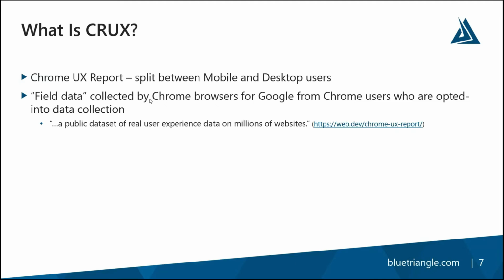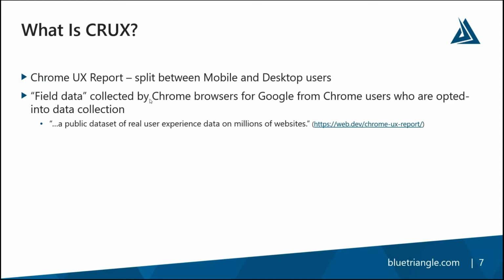And that's because Chrome is collecting this on pretty much any website that a Chrome user goes to when they're using a Chrome browser. So even though Blue Triangle has very complete information on your site, if we have a tag on your site, then we have really good insight into your data. What we don't have good insight into is the performance data across all of your competitor sites.